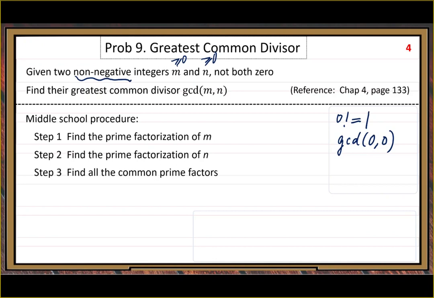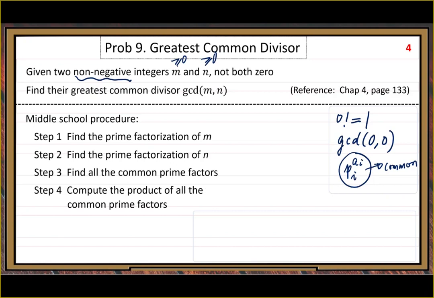For each prime number Pi, you want to extract the largest possible exponent Ai such that Pi to the Ai is a common factor for both m and n.